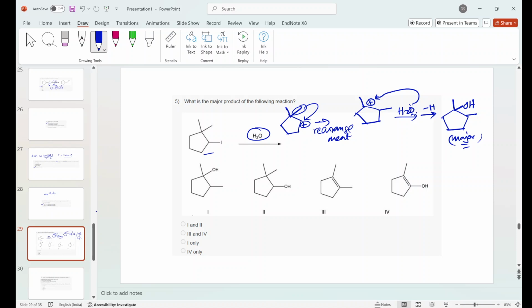So why elimination is not taking place? Because this is a very weak nucleophile. It will not try to take proton and then abstract proton and then you will end up with an elimination. SN1 will predominate. Okay, so this is the right answer.